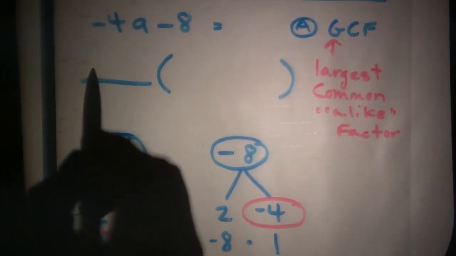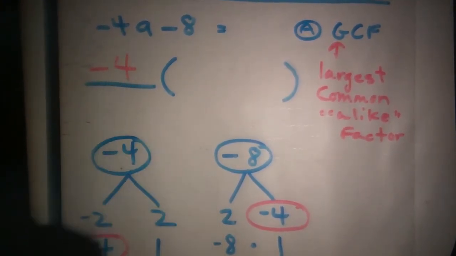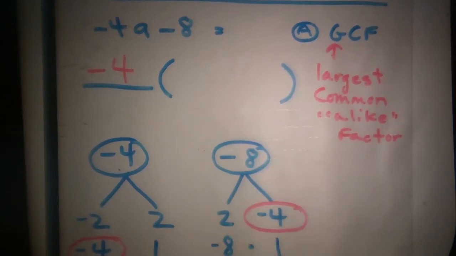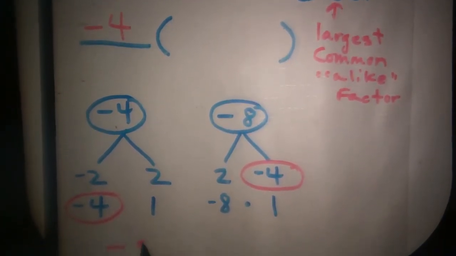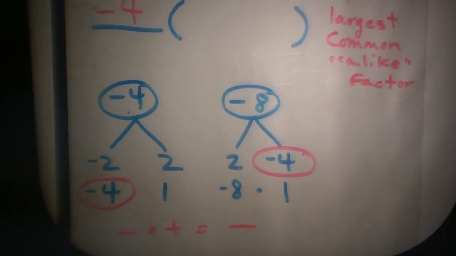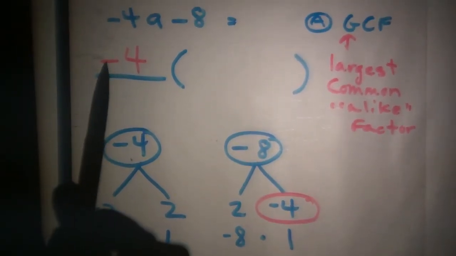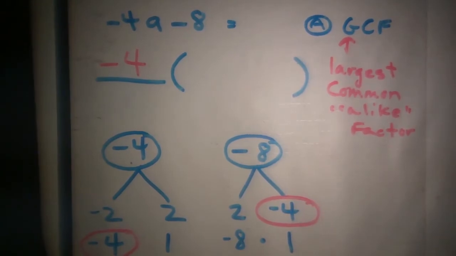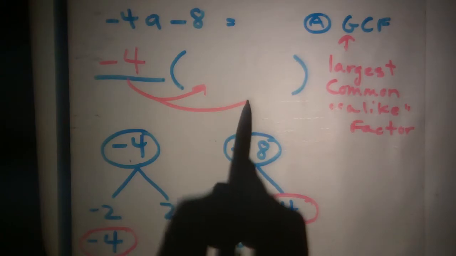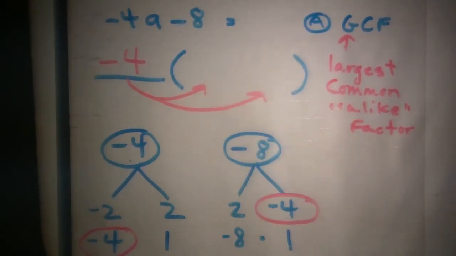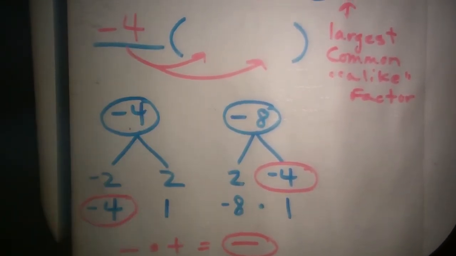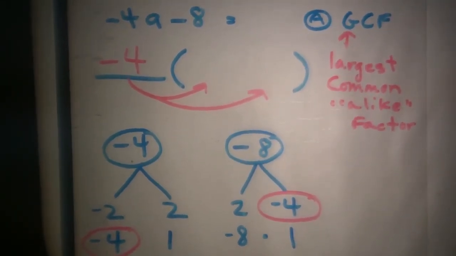So if I make this a negative 4 and put it on the outside here, everything that I put in here can be a positive because we know that a negative times a positive equals a negative. So I'm safe to say that if I put the negative term on the outside and distribute its wealth within every term on the inside that's positive, I'm going to end up with a negative number. So I should end up with these two negative numbers.